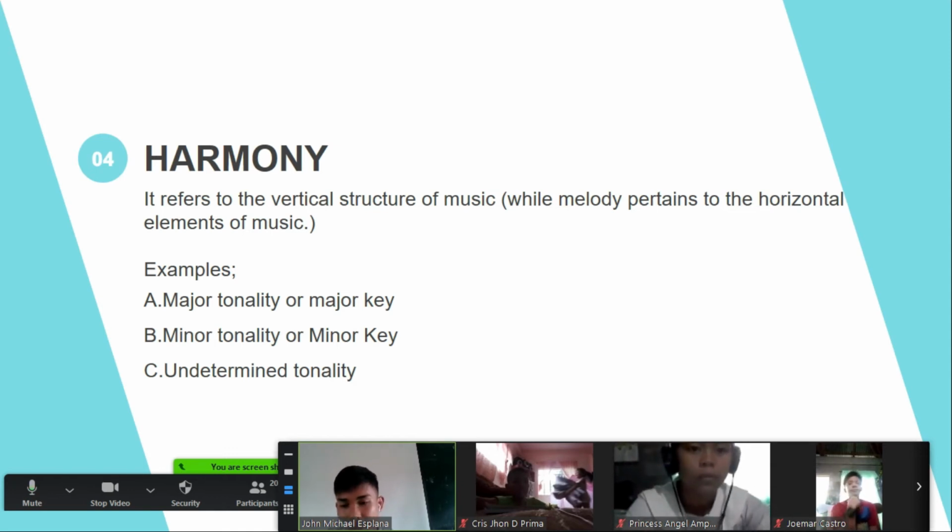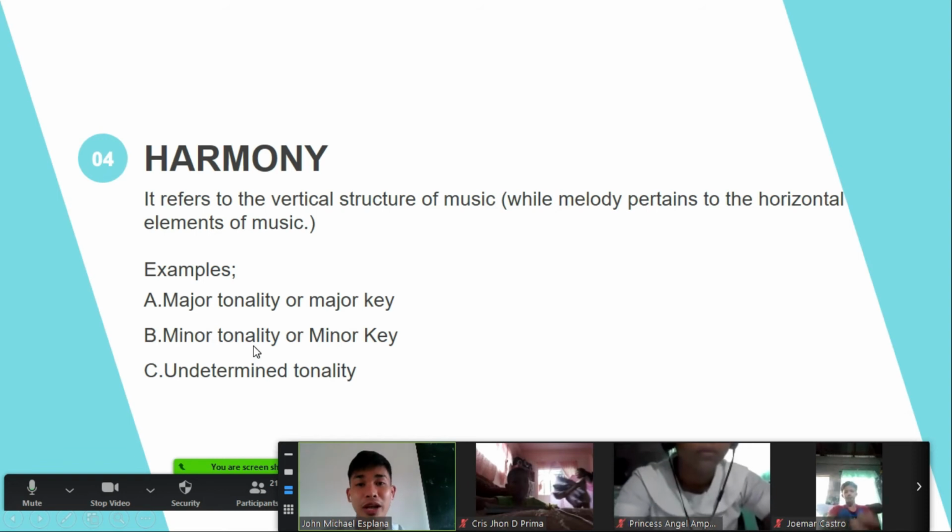Ano yung pinagkaiba ng major and minor? From the word itself, it's the difference between major and minor intervals and chords. I hope you get that.